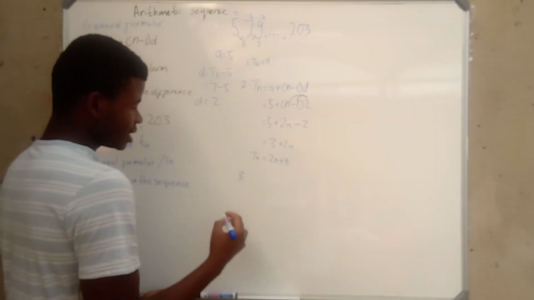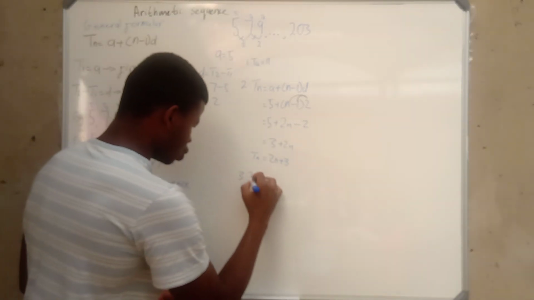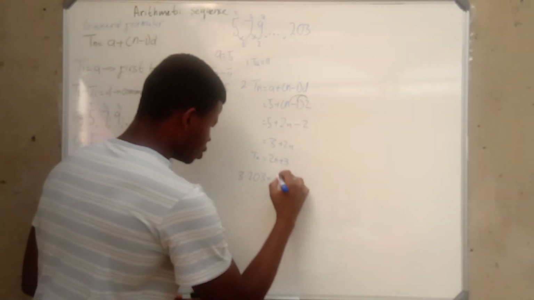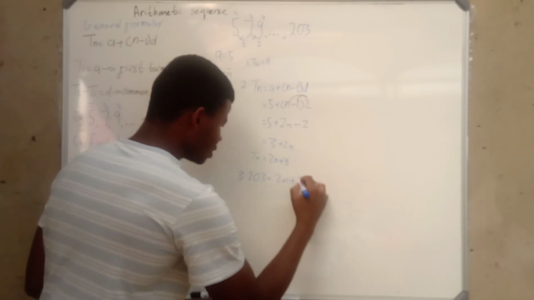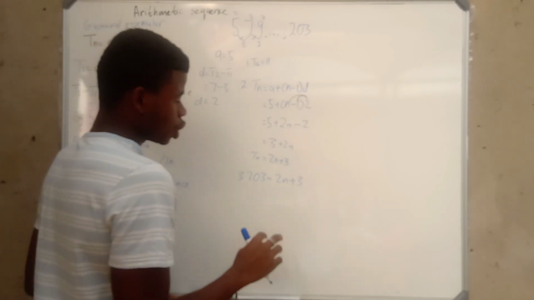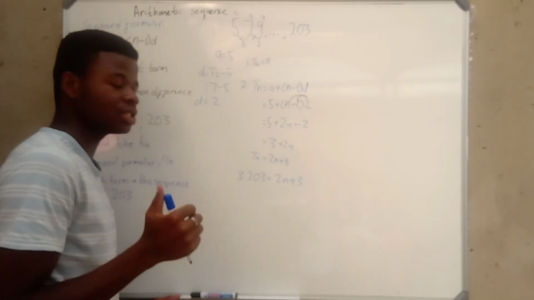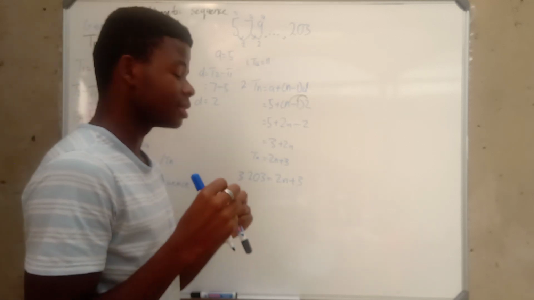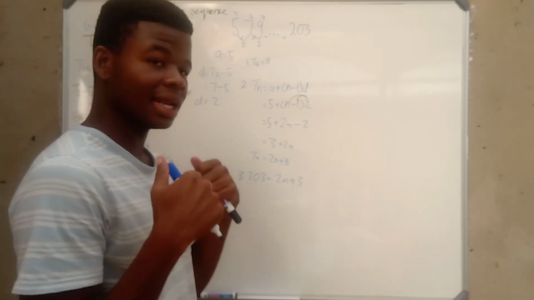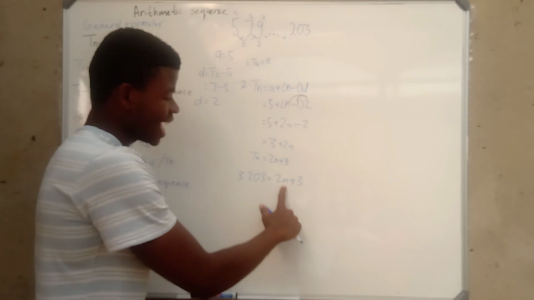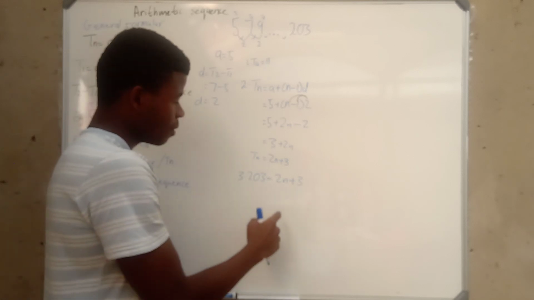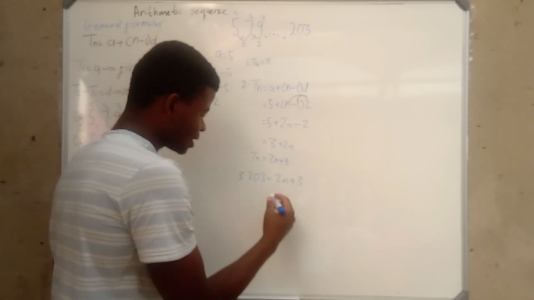Let's just apply what I just said. 203 is equal to 2n + 3. So now, for us to find the term, we need to make n the subject of the formula. Then we take this 3 to the other side.